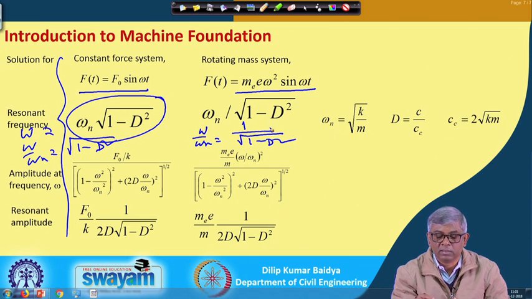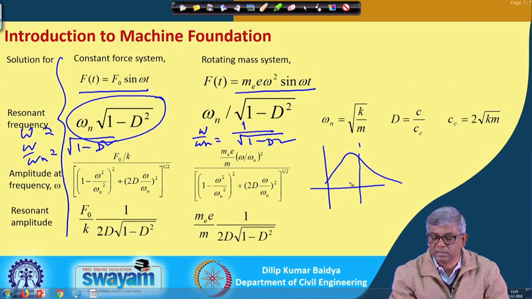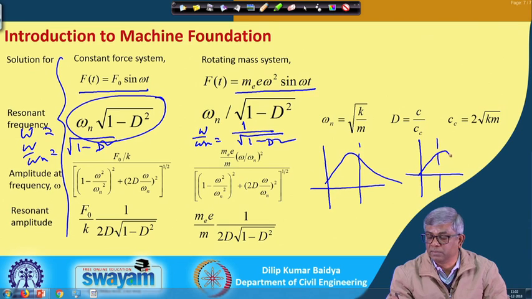Okay. So, we have shown for the constant force system, if this is omega over omega n, then the natural frequency was something like this. Whereas for the rotating mass system, if this is the one, then the natural frequency was something like this. So, resonance was here.